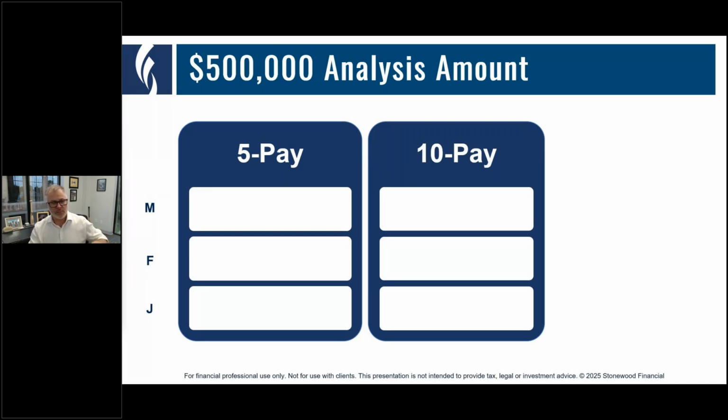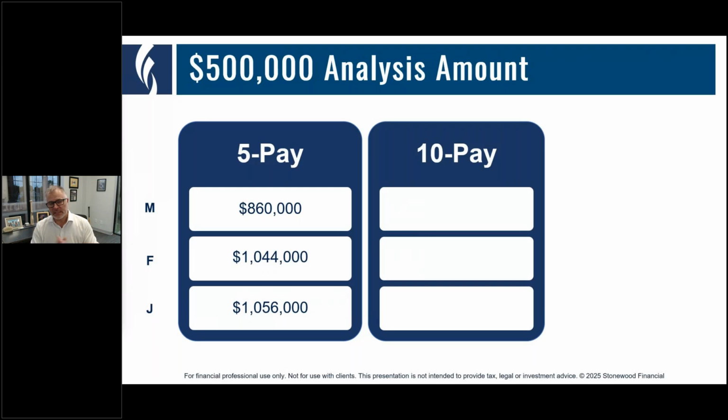We're going to set this up, and if we do 5-pay, 10-pay, we just want to know that we already have everything we need to execute this, and we don't want any surprises. So I went to one of the popular carriers that provides protection-focused IUL, and I just did a 5-pay. And with the 5-pay option, again, that's 128 grand going to taxes, the rest going into a 5-pay.